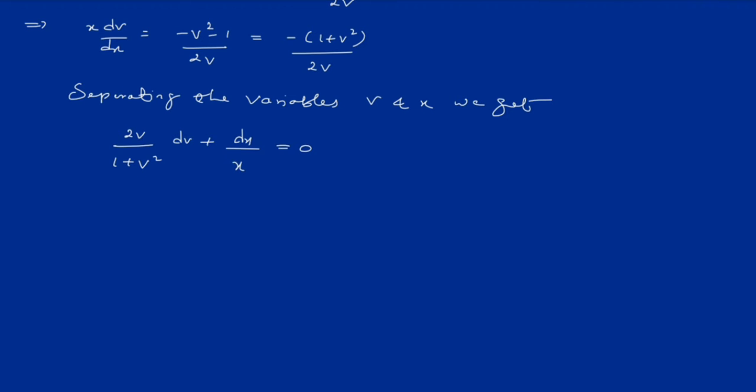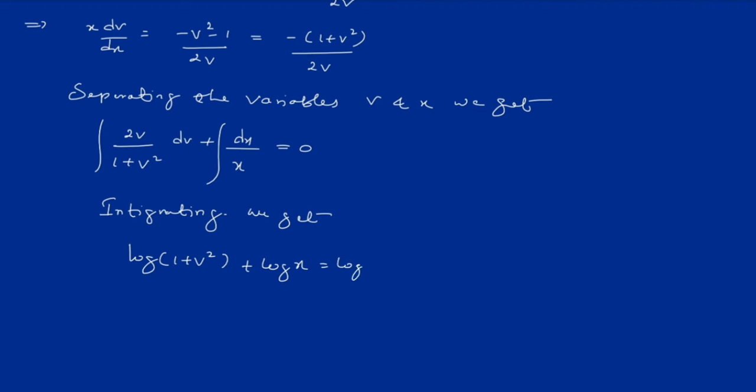So now integrating, we get log of 2v, sorry, 2v upon 1 plus v square is there, so after integrating it becomes log 1 plus v square plus log x, which is equals to log c, right?